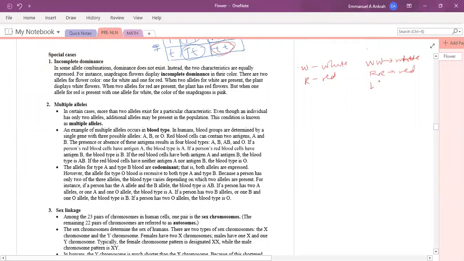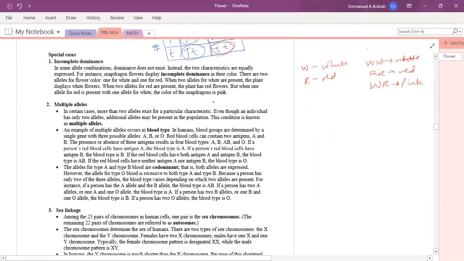But if you have WR, since they're equally dominant, they're co-dominant, neither of them is more powerful than the other. There's like a mixture of the two colors. So the color becomes pink in the flower. Okay.